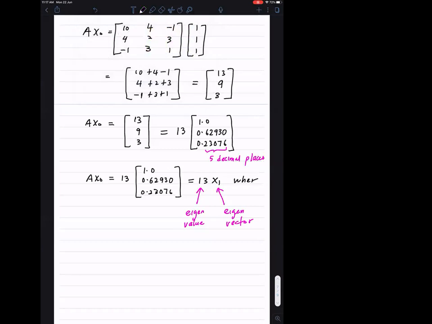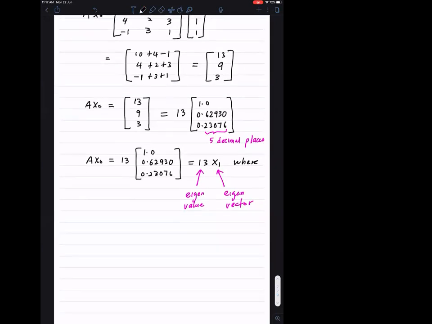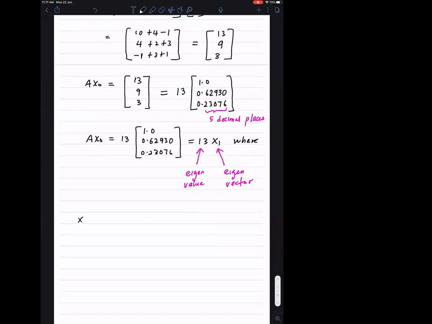So now you have a new set of vectors, x1.